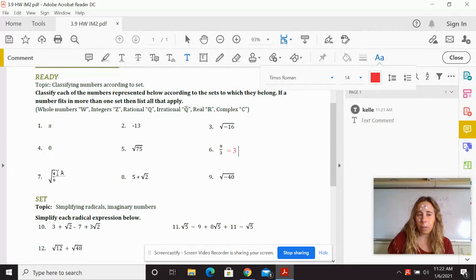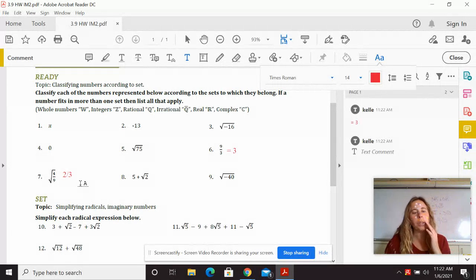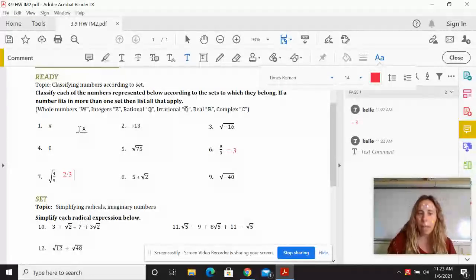So take the square root of 4, you get 2. The square root of 9, you get 3. So you get 2/3. So now you're classifying 2/3. It is not a whole number. It is not an integer, but it is rational and it is real.